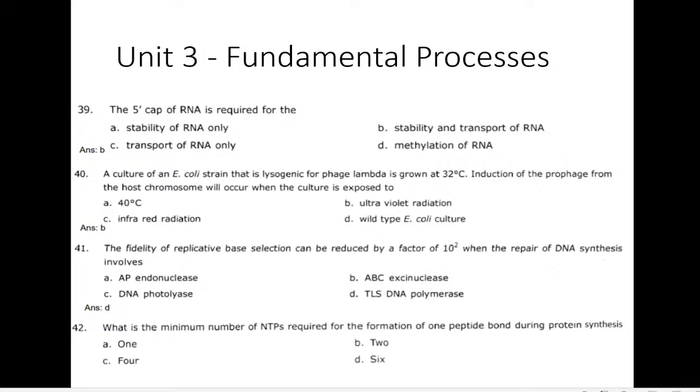It also converts the energy of light, near UV and visible rays, into chemical energy, and we are able to stabilize at a particular stage. Then there is the AP endonuclease.